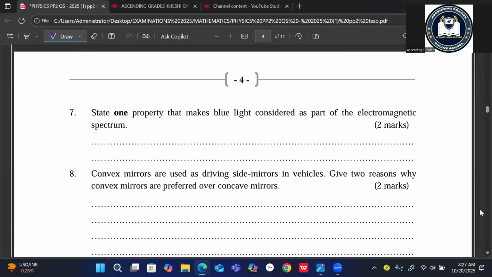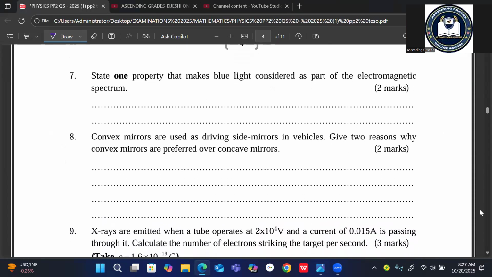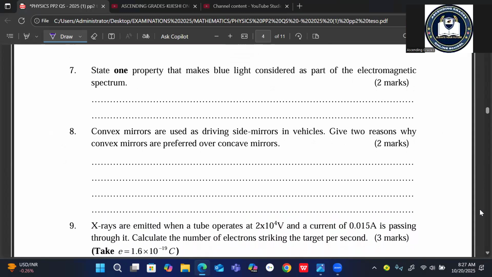State one property that makes blue light considered as part of the electromagnetic spectrum. In the electromagnetic spectrum, remember, all the radiations there travel at the same speed, which is 3.0 times 10 raised to power 8 meters per second.